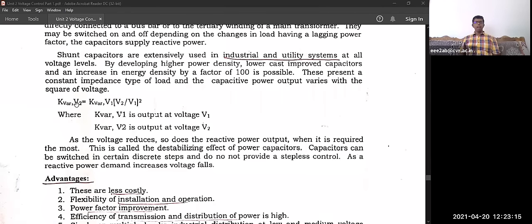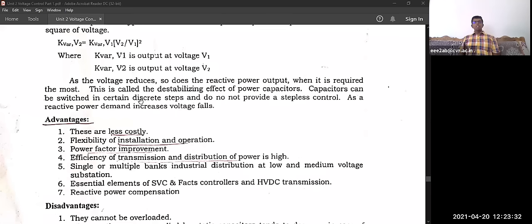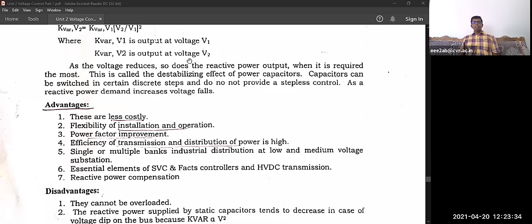That is, kVAR2 is equal to kVAR1 times (V2 divided by V1) the whole squared, where kVAR1 is the output at voltage V1, and kVAR2 is the output at voltage V2. As the voltage reduces, the reactive power output falls when it is required the most. This is called the destabilizing effect of power capacitors.